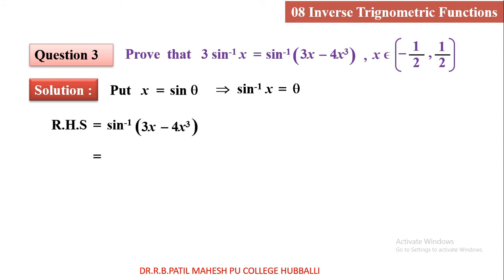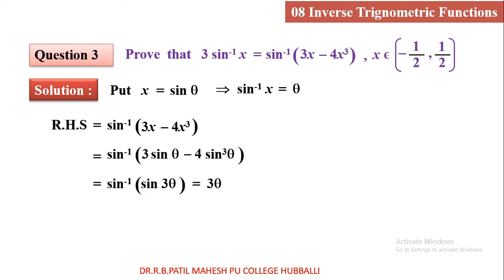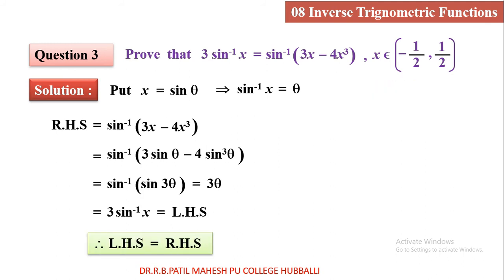Substitute the value of x here. Sin inverse of 3 sin theta minus 4 sin cube theta, a standard trigonometric formula you are getting, that is 3 sin theta minus 4 sin cube theta is sin 3 theta. So that sin inverse and sin get cancelled, 3 theta remains, 3 into sin inverse x. Hence we proved LHS is equal to RHS. 3 sin inverse x is equal to sin inverse of 3x minus 4x cube.